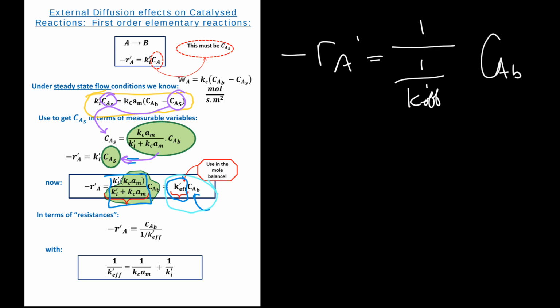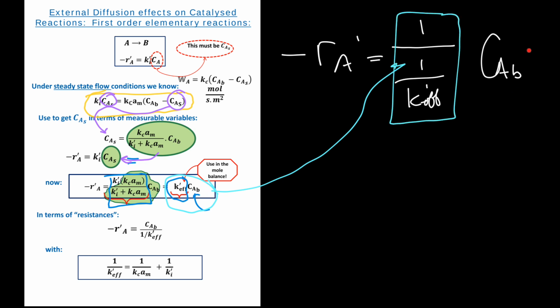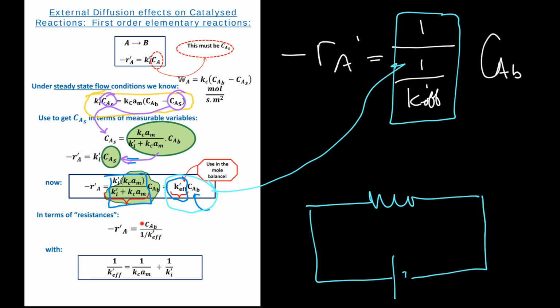So in order to do that, I manipulate my rate equation to write it as a driving force divided by a resistance. This is the resultant equation that I've come up with here. This is analogous to what we get in electrical currents. The driving force is your voltage.